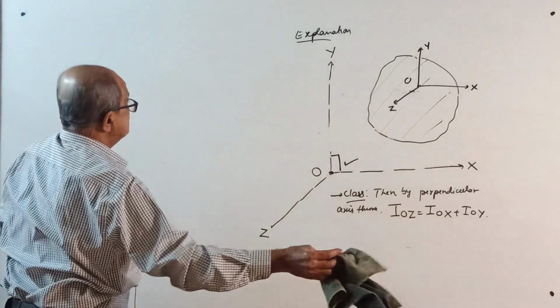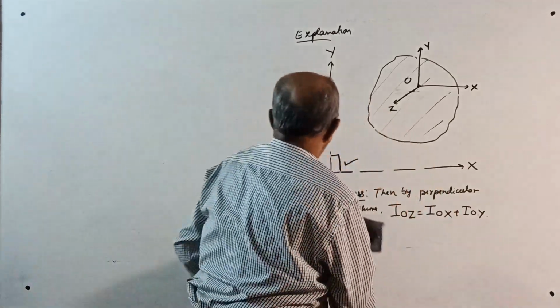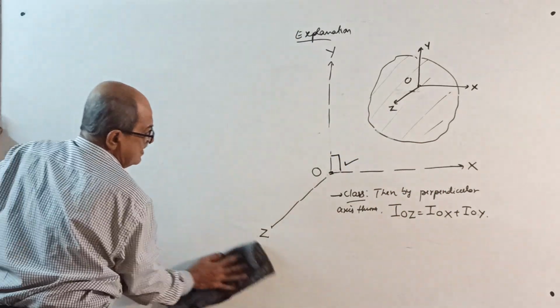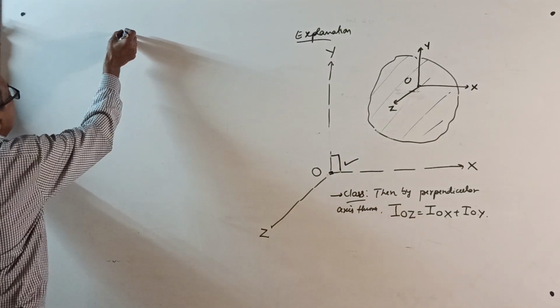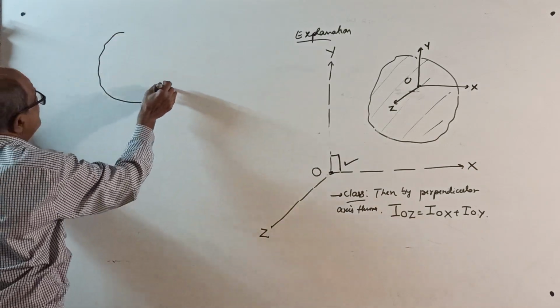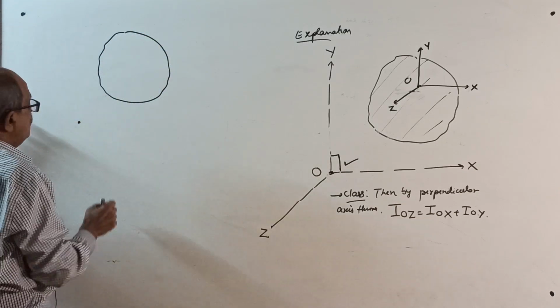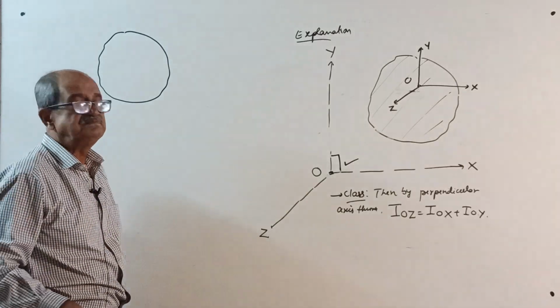Some statements you write. Whenever I prove something in class, in the notes I write all the statements I dictate. Consider a random area. Consider any point O which lies in the plane of the area.